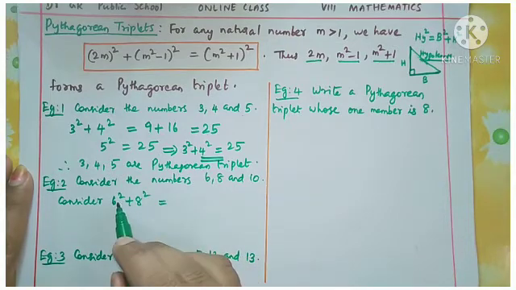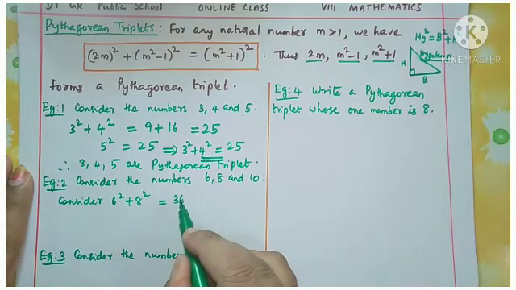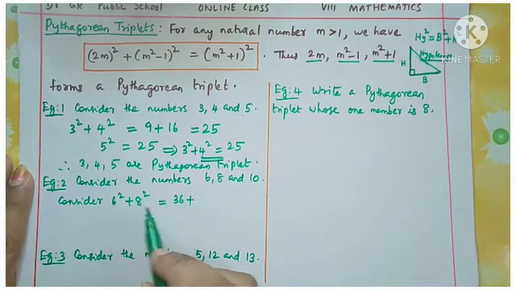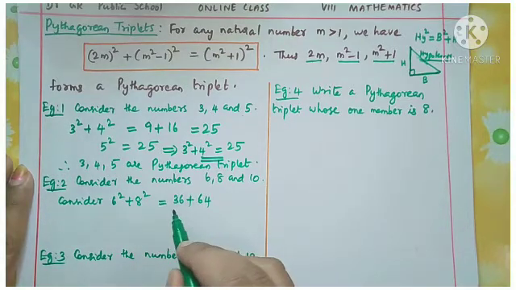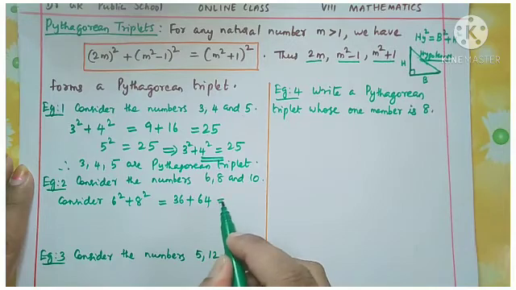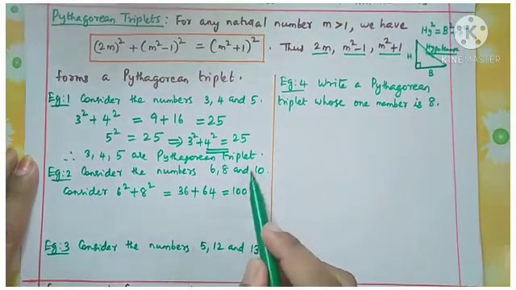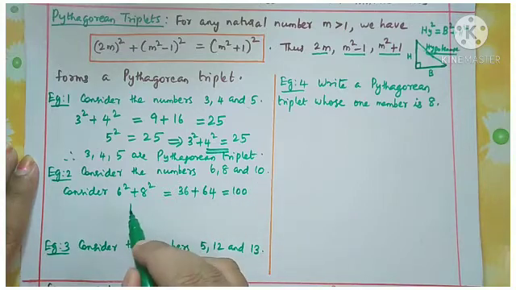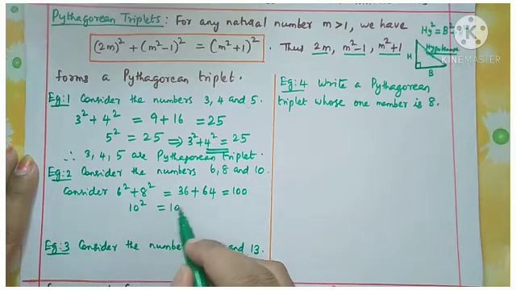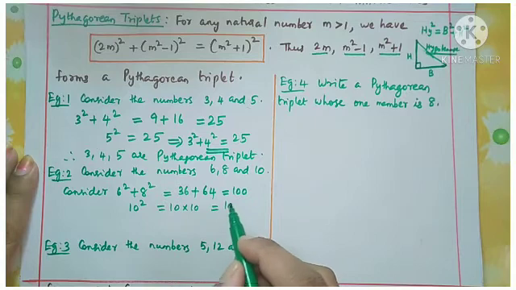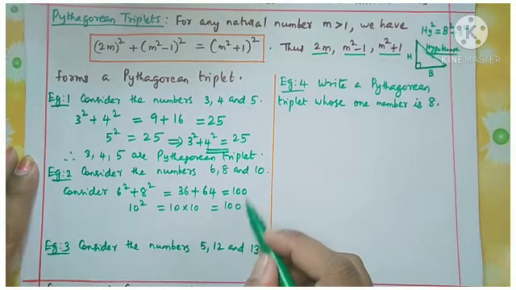What is 6 square? 6 into 6, 36, and 8 square, 8 into 8, 64. What is 36 plus 64? It is 100. Correct? Now find the square of the bigger number 10. 10 square is 10 into 10, that is also 100. So you see the two answers are equal.